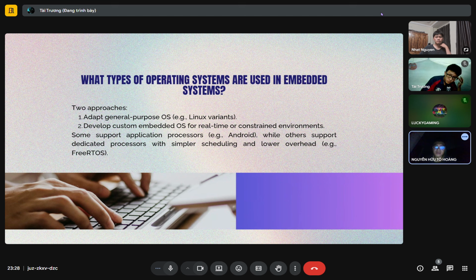Some support an application processor, like Android, which is built from Linux and is open source, while others support a dedicated processor with simpler circuits and lower overhead, like FreeRTOS.